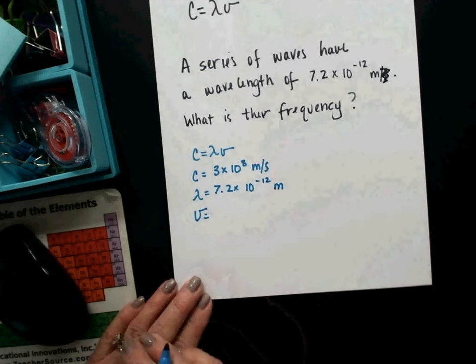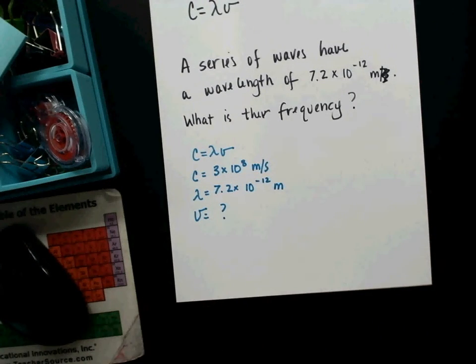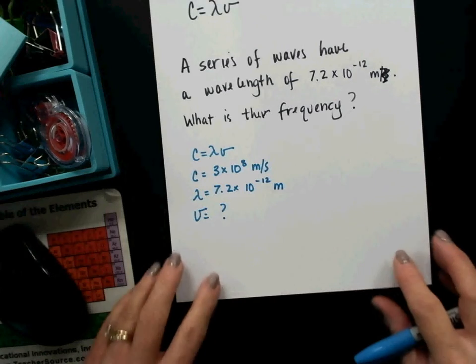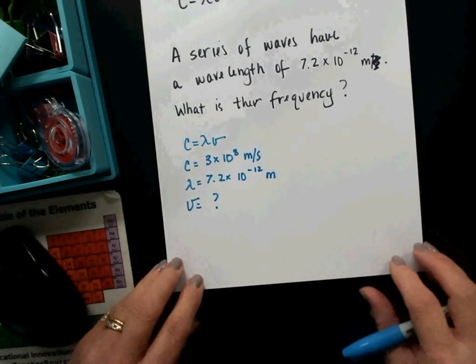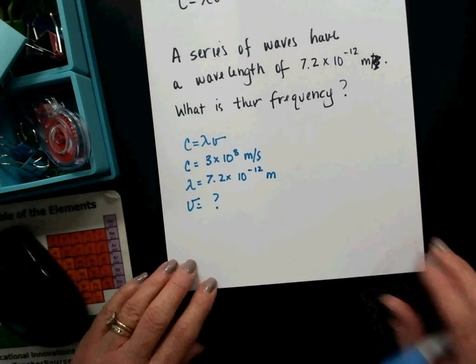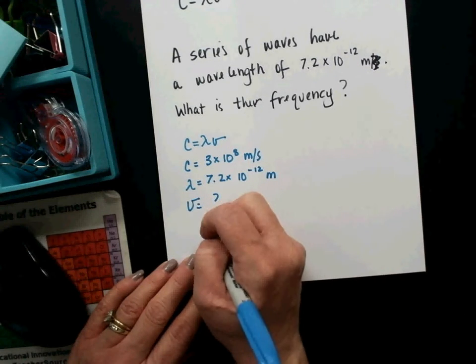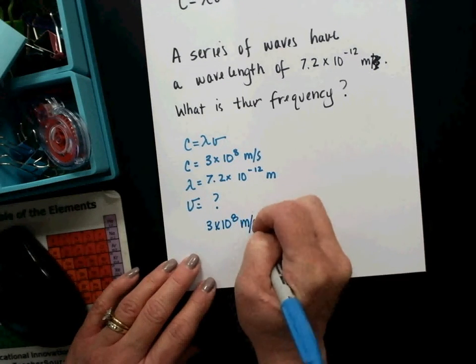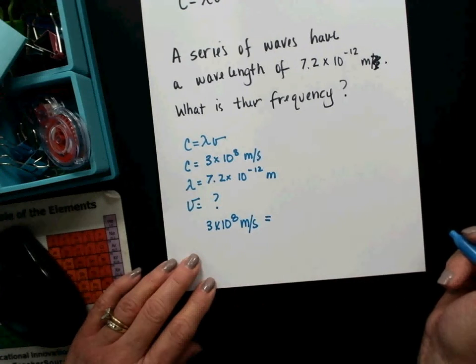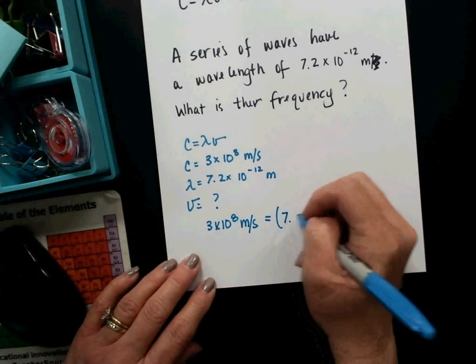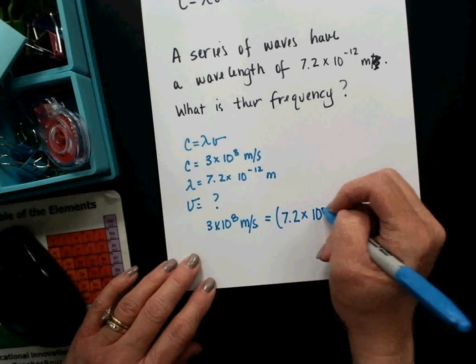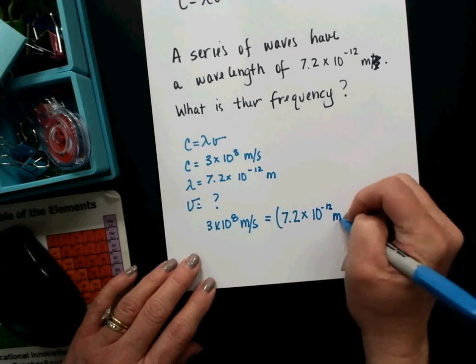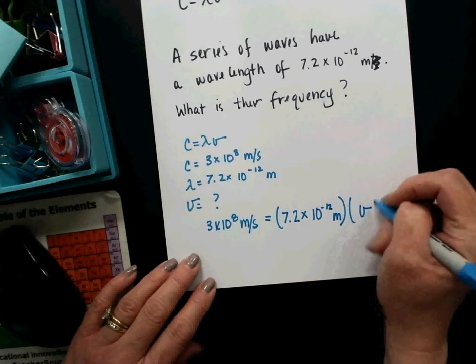And I ask you about frequency. And then I expect to see you plug them into the linear equation. So I would see 3 times 10 to the 8th meters per second is equal to 7.2 times 10 to the negative 12th meters times nu, or times frequency.